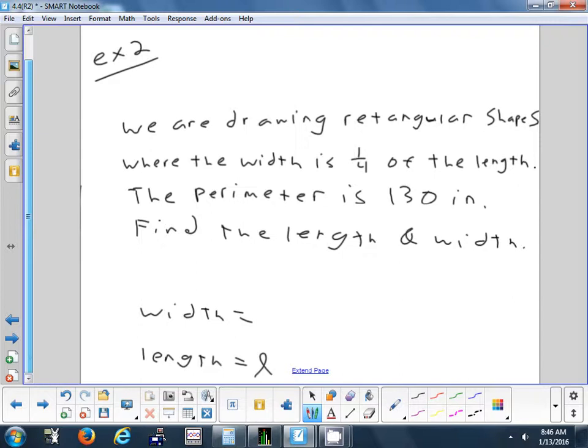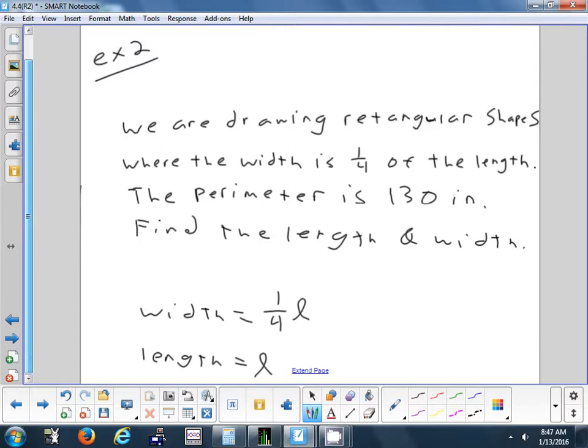How would you write 1/4 of length? Yeah, 1/4 of means multiply, and L. So there's our first step, just setting up width and length as expressions. Any question on step 1?